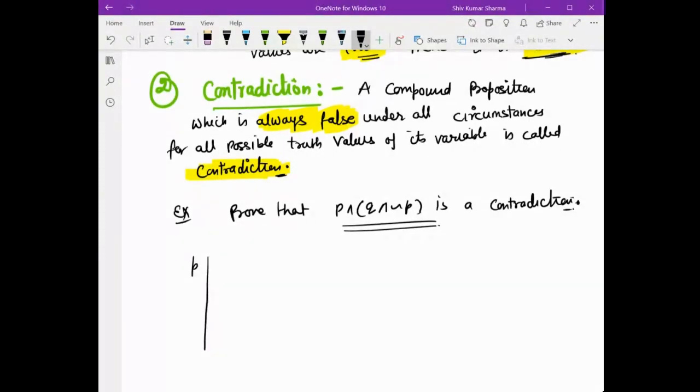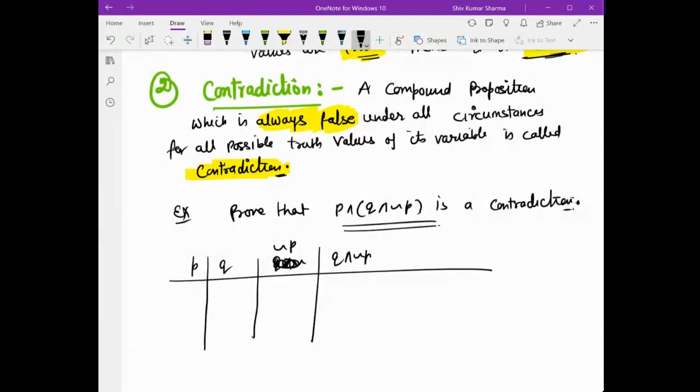According to the compound proposition, we construct a truth table. So P, Q, and we can take one column as negation P, then Q and negation of P, then the final column is P and Q and negation of P.